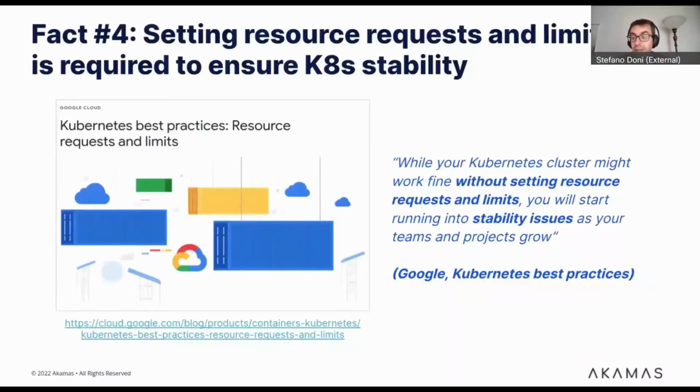If we run without limits, a single runaway container may bring down our most business critical application without anyone noticing. So it's very dangerous. For the stability of the entire Kubernetes platform, it's very important to set both requests and limits, and that's again a best practice that Google recommends.